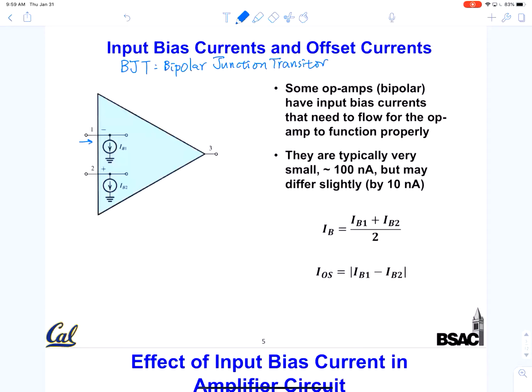And so usually the two inputs have a similar amount of bias current, IB1 and IB2. IB1 is roughly the same as IB2, but just like the offset, they are not identical.